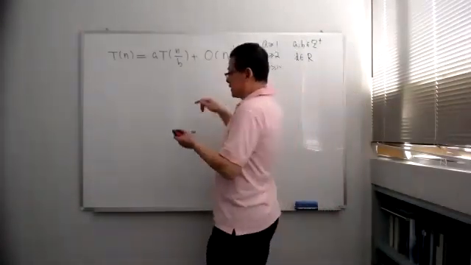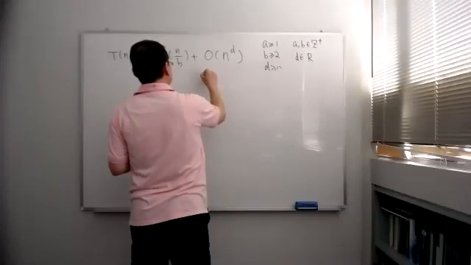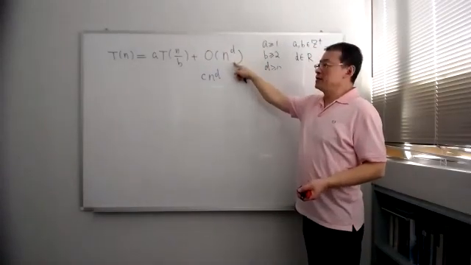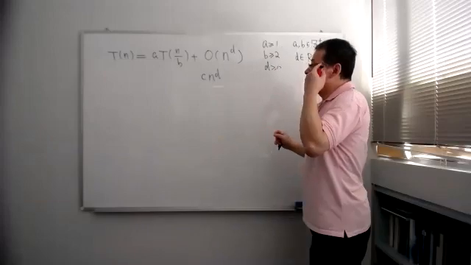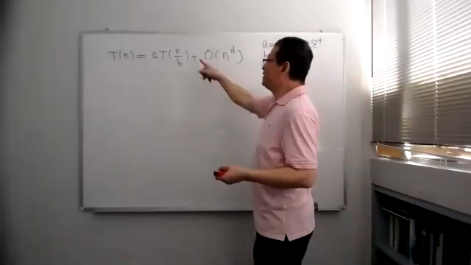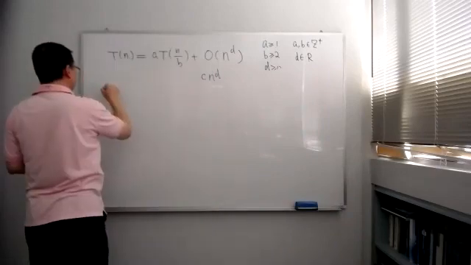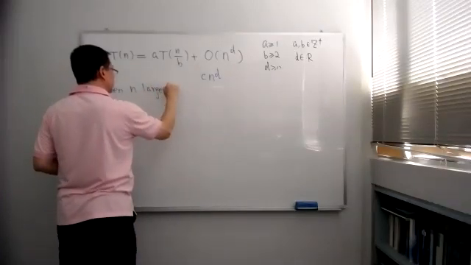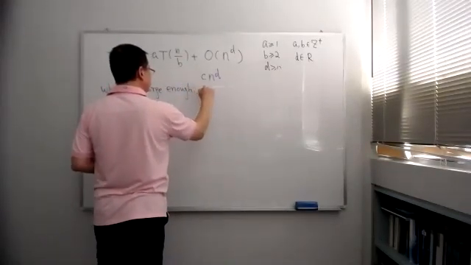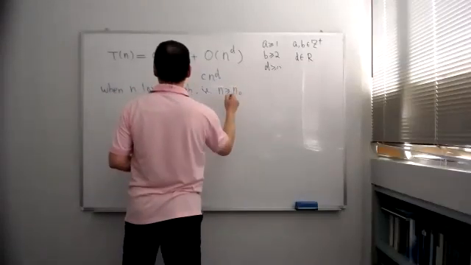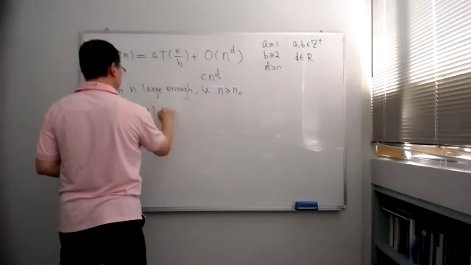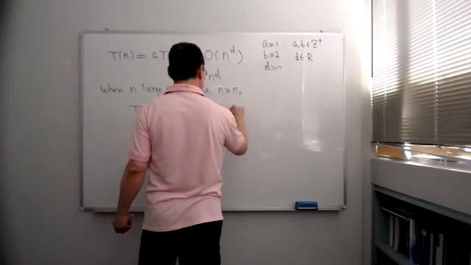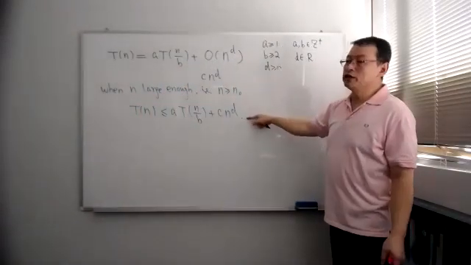For this one, it can be written with a constant C. Big O notation here means that when n is large enough. Sorry, I forgot to mention the meaning of this formula. Without big O notation, that's the meaning.